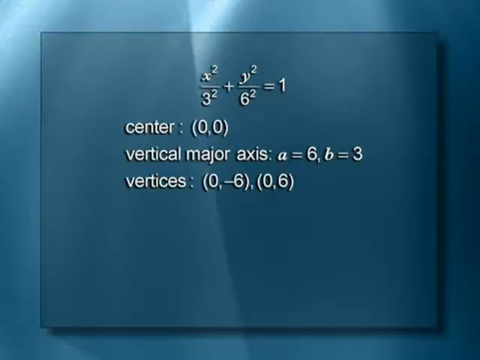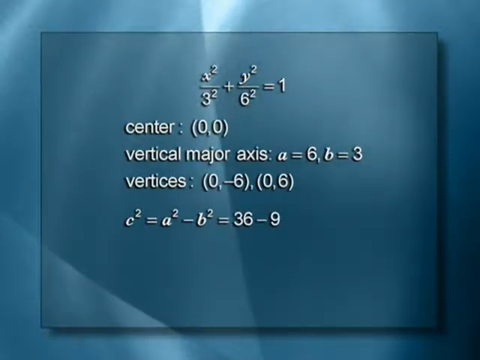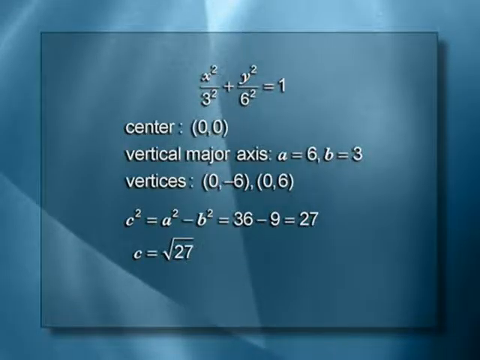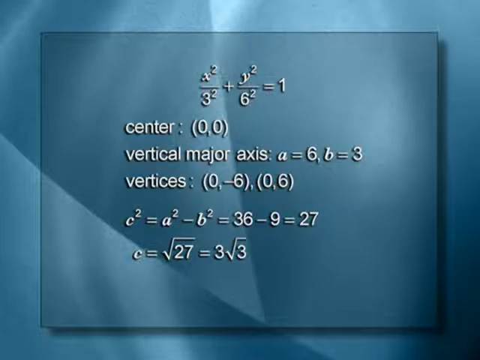Good. Okay, how about the foci? Where are they? Well, remember that equation, c squared equals a squared minus b squared. And we know a and b, so plug it in. 36 minus 9 equals 27. So c is the square root of 27, or if you simplify, it's 3 root 3.